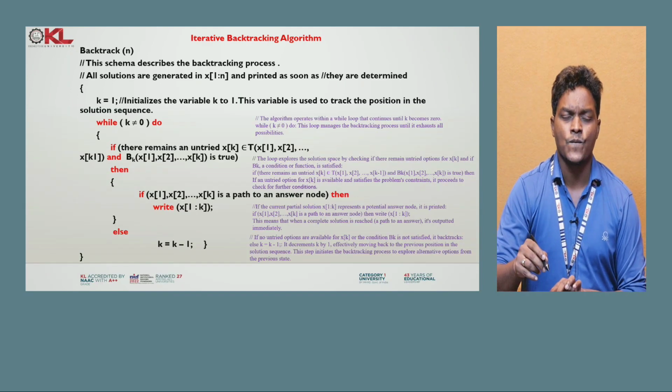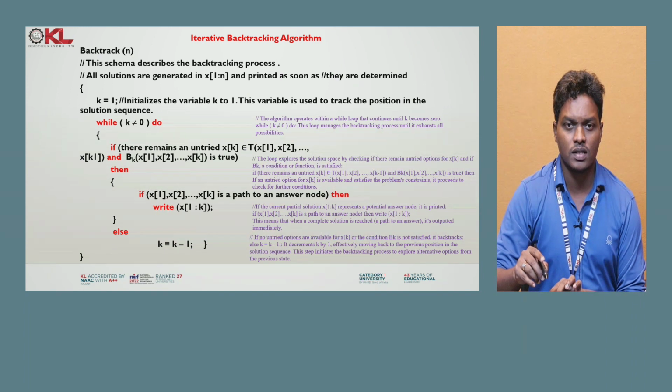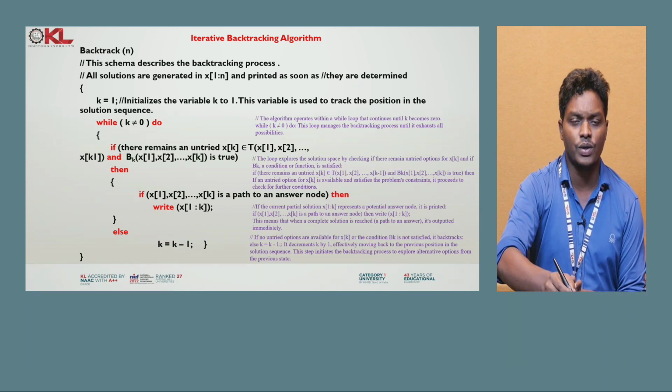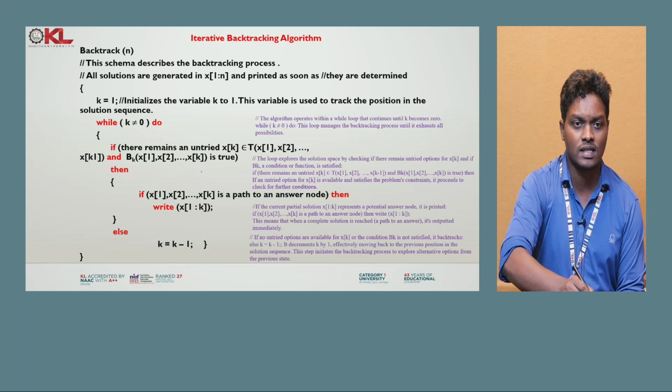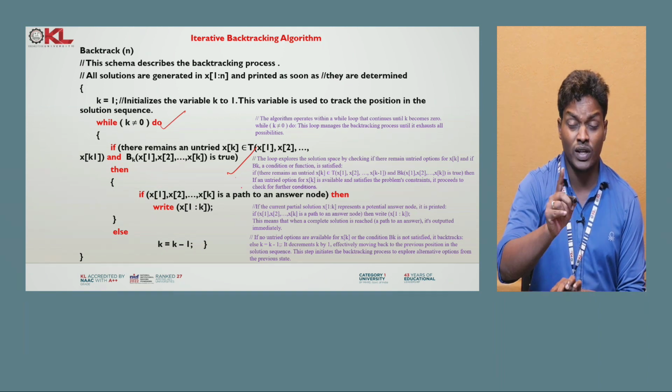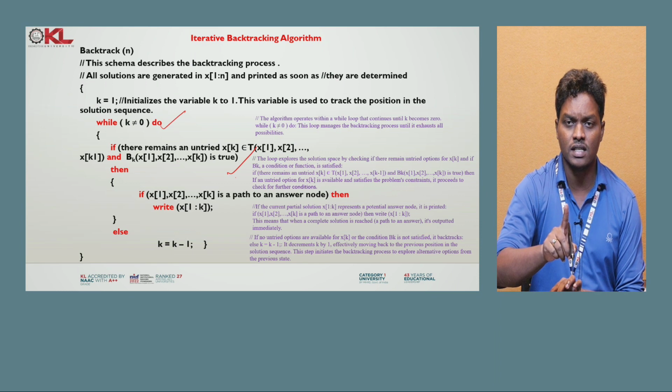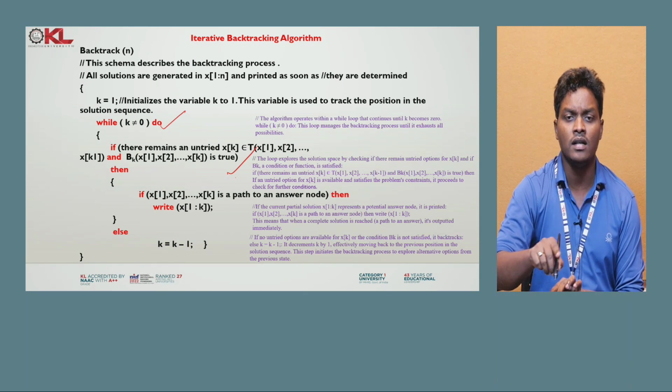This is the iterative backtracking algorithm we have used. What constraints have we used? These constraints check that two queens should not be placed in the same row, same column or same diagonal.